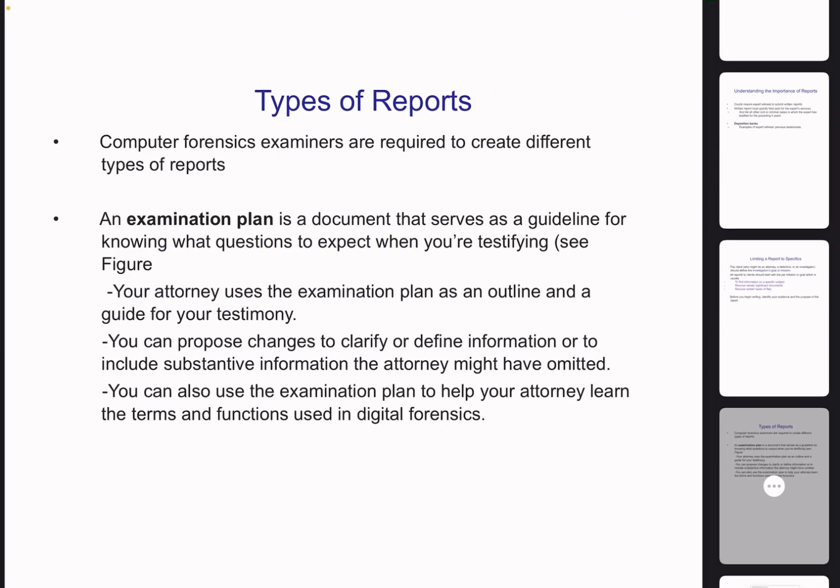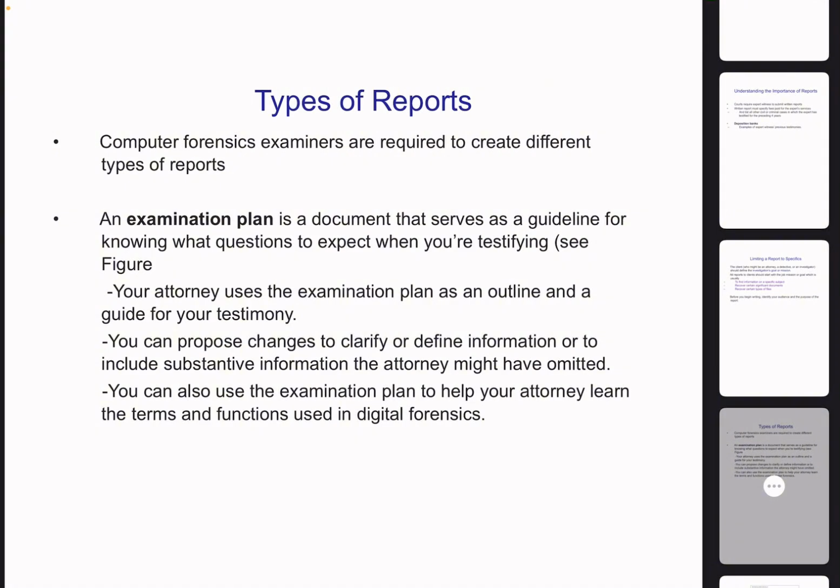Types of reports. Computer forensics examiners are required to create different types of reports. An examination plan is a document that serves as a guideline for knowing what questions to expect when you're testifying. See figure. Your attorney uses the examination plan as an outline and a guide for your testimony.